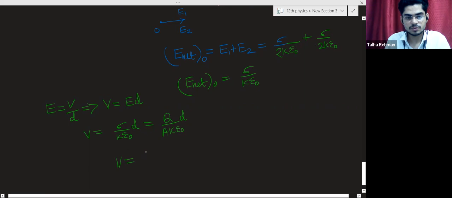Potential is now Q d divided by k A epsilon naught. This is equation 1.